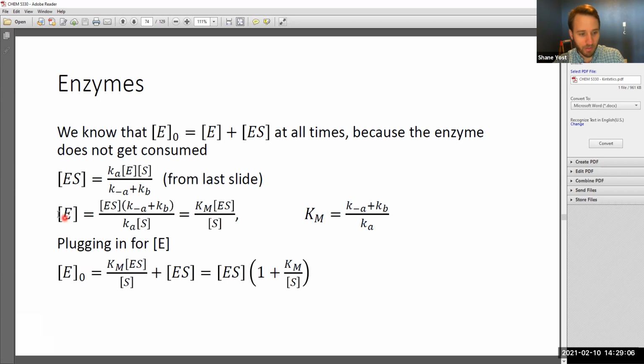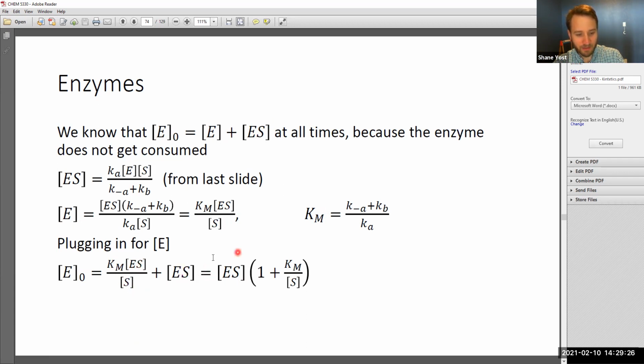And so I can plug this equation here, E equaling Km Es over S, into the above equation, E naught equaling E plus Es. So I get Km times the concentration of Es divided by S, plus the concentration of Es.